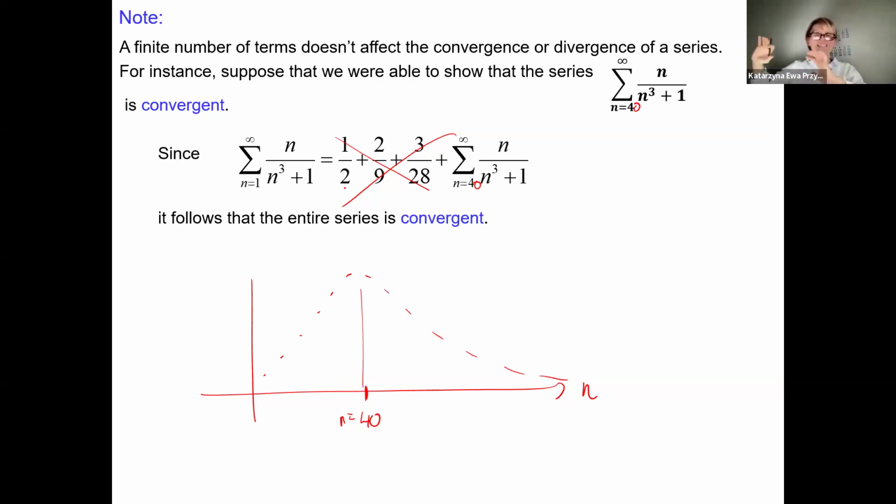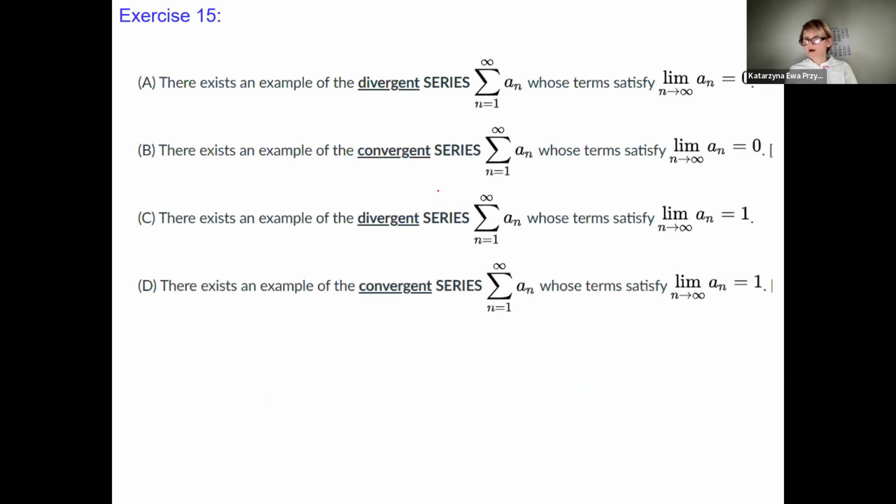We can still say this works starting from n equals 40, and skipping a finite number of terms is not affecting convergence. Just a note, it's like eventually it's good.